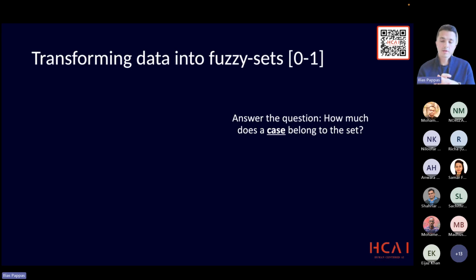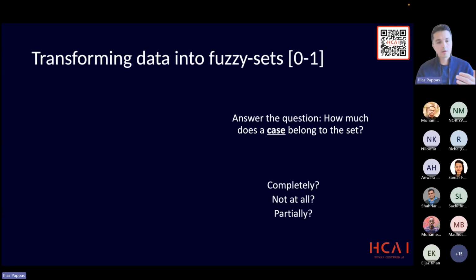When do I belong in the set? If my variable is behavioral intention, then I decide that what I'm interested in is high behavioral intention. So how much does a case belong to the set?